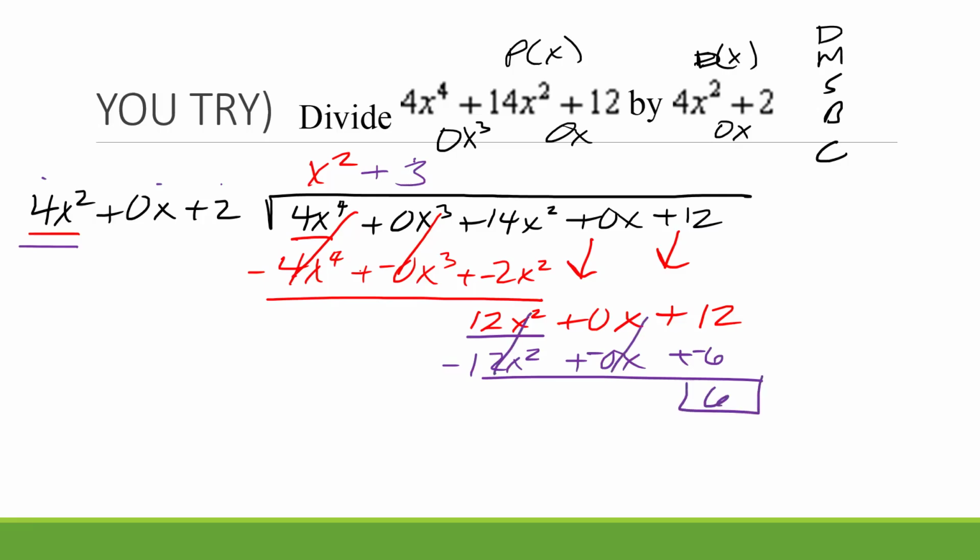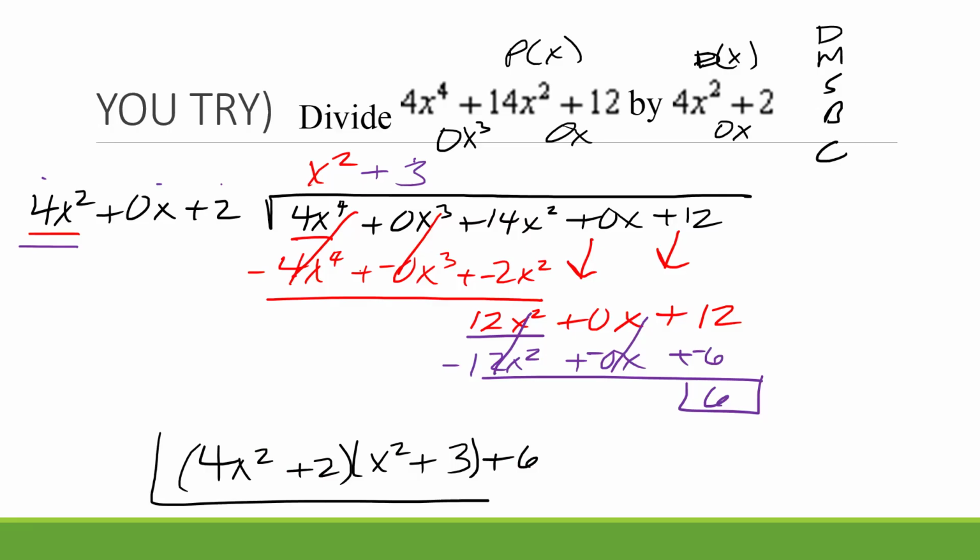So our solution should be our original divisor. What was our original divisor? 4x squared plus 2 times our quotient, and our quotient is x squared plus 3, plus our remainder, and our remainder is 6. So your answer should have been this.